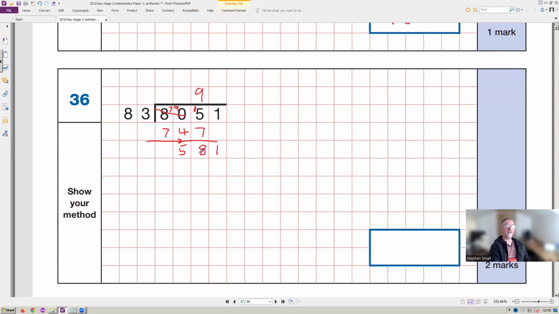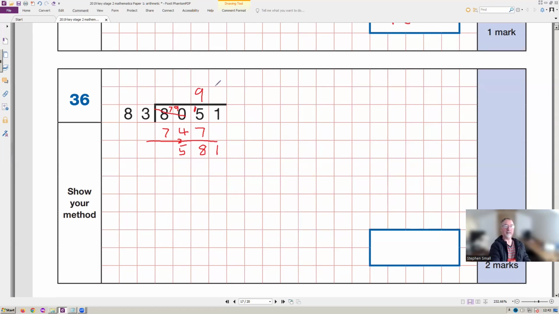Now you go 83 into 581. Now that's an interesting one, isn't it? So let's just look at 8s into 50, because that's going to give you a rough idea. How many 8s go into 50? Well, 6 8s are 48. So let's just guess. Actually, it might be 7 times. If it was 83 times 6, it's going to be 490 something.